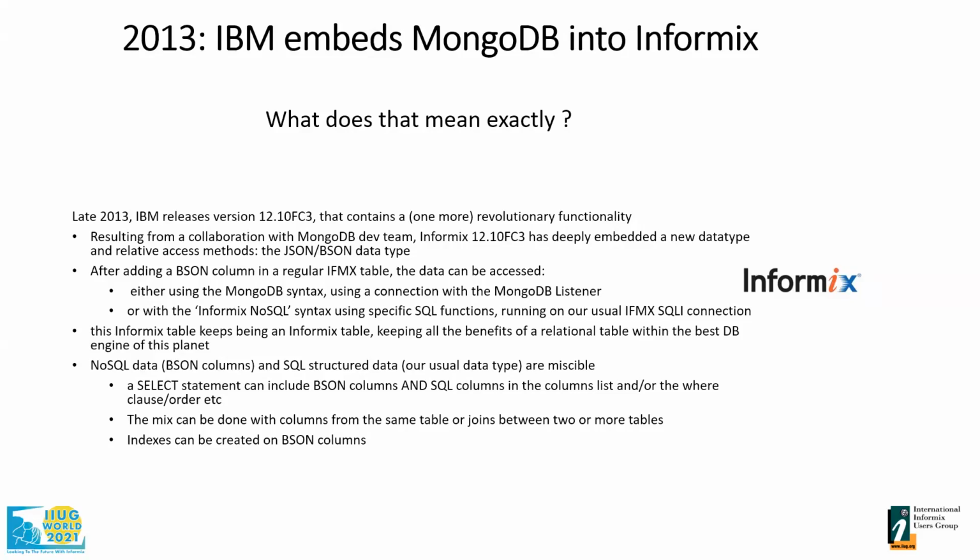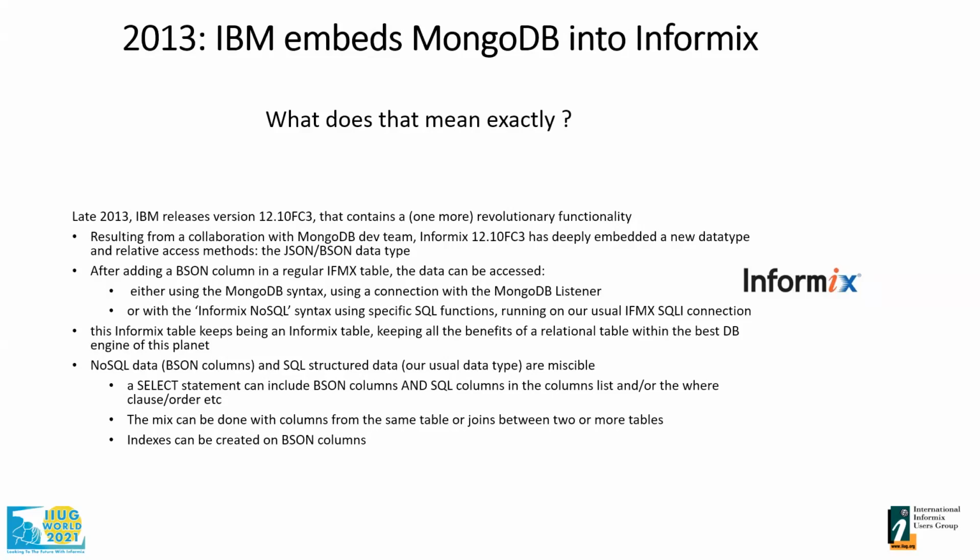The MongoDB syntax way, where you will use a connection with the MongoDB listener, or the Informix NoSQL way, which is a set of functions in the Informix language that will allow you to access the NoSQL data, the BSON data. So this runs on the connection we used to use, which is the Informix SQLi.